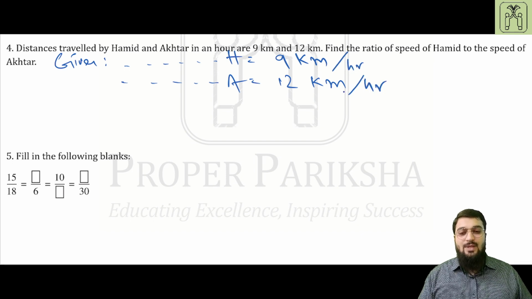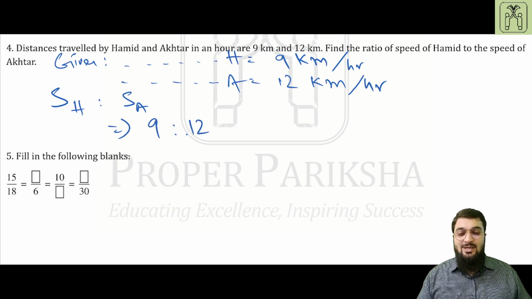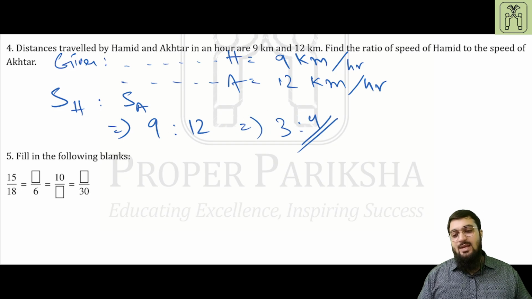And the answer will be Hamid, his speed is to speed of Akhtar. This implies 9 is to 12 will be written, kilometer per hour and kilometer per hour will get cancelled out, and we'll write this as 3 is to 4, and this is the answer.